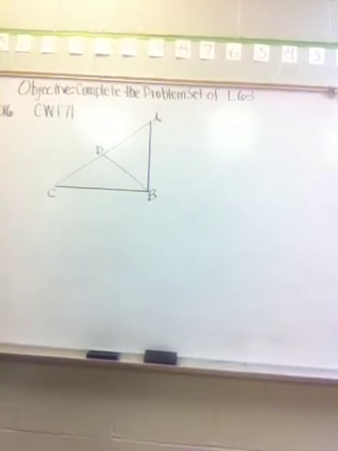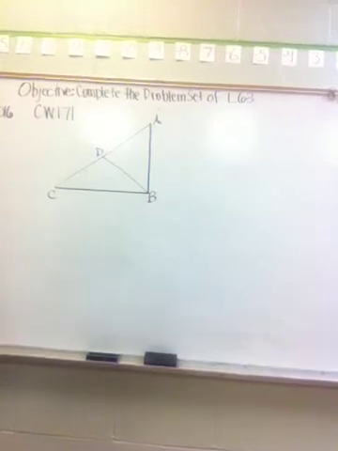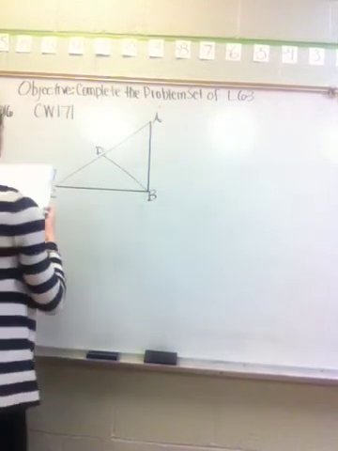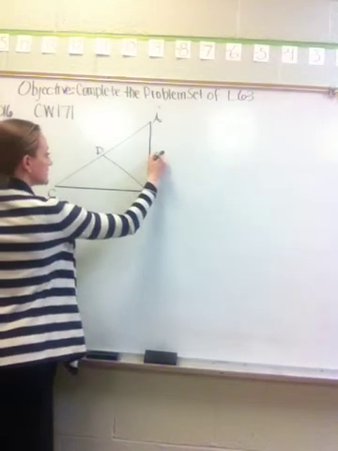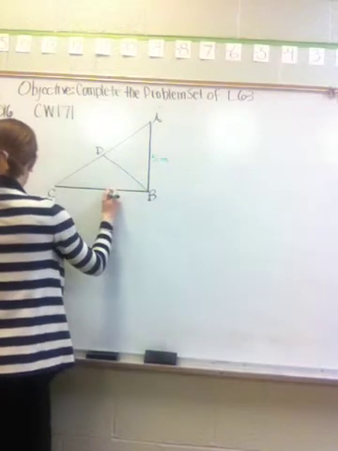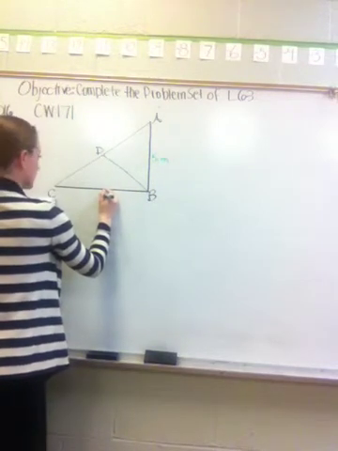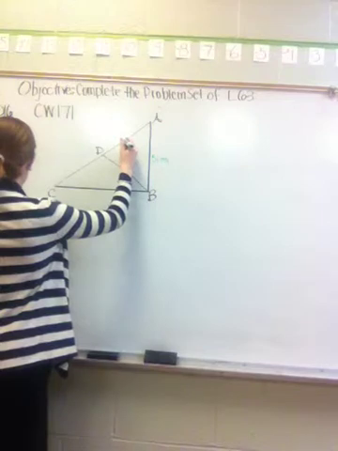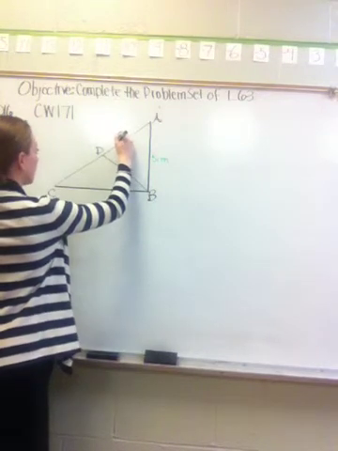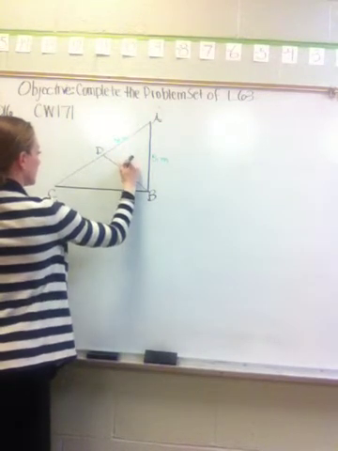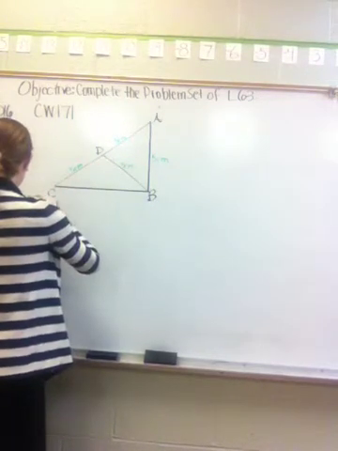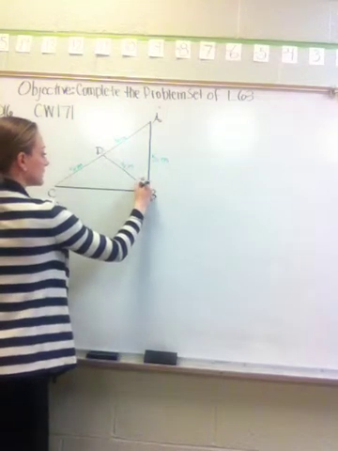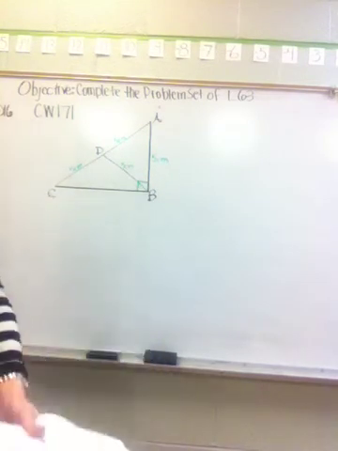It says AB, AD, DB, BC, and CD. All of them are equal to 5. So this is 5 centimeters. That's not 5 centimeters. This is 5 centimeters, right? Yeah. 5 centimeters, 5 centimeters, 5 centimeters. And this angle is 90 degrees. Okay?